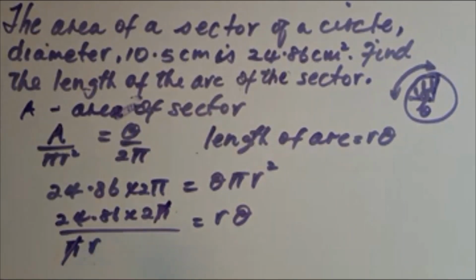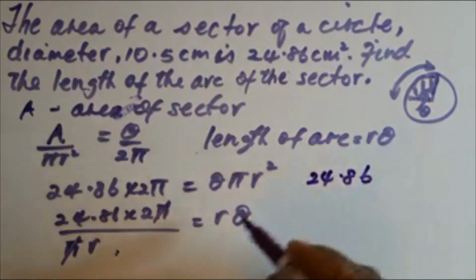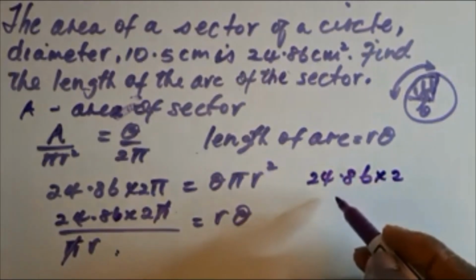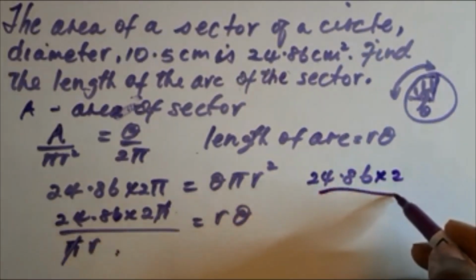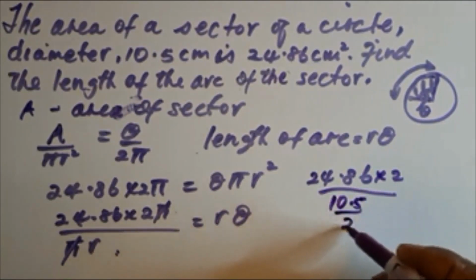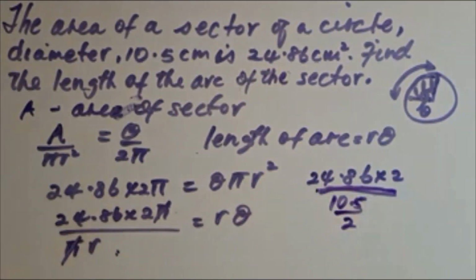We know the diameter, so the radius is just the diameter divided by 2. So we can write our formula here: 24.86 times 2, divided by 10.5 over 2, because we're finding the radius given the diameter, and this will give us r theta.